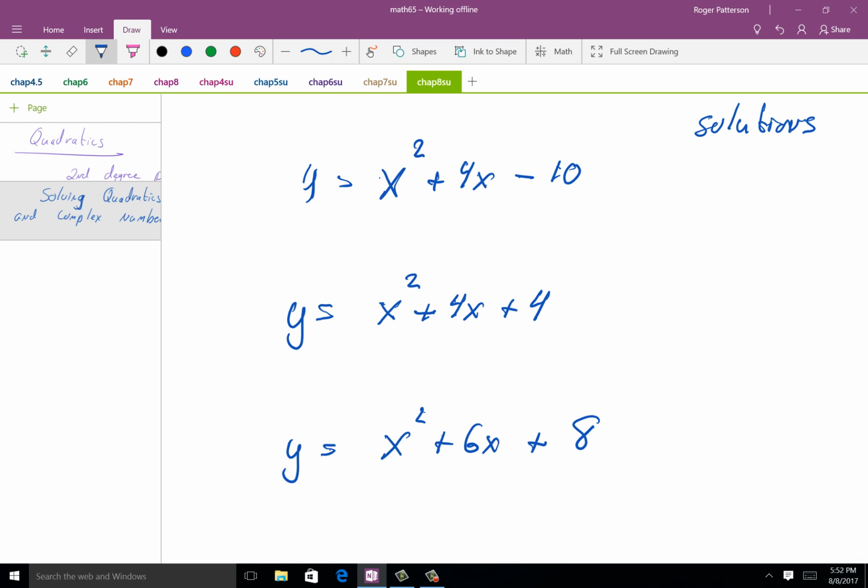Now I'm going to put the next one in. In this case, it crosses the x-axis right here at negative 2, but that's the only place it crosses, just one spot.